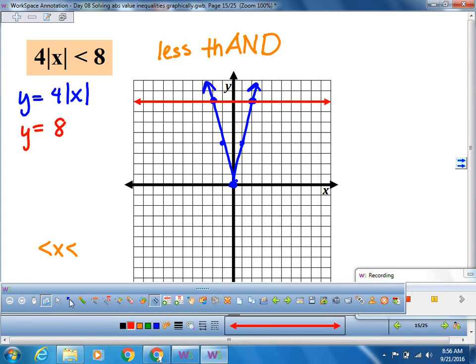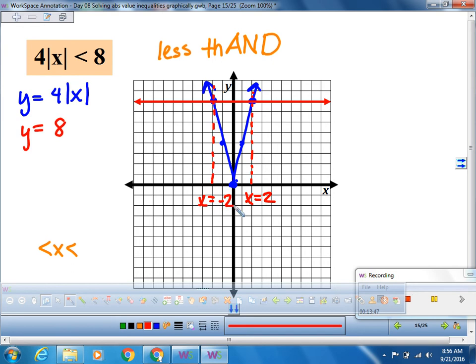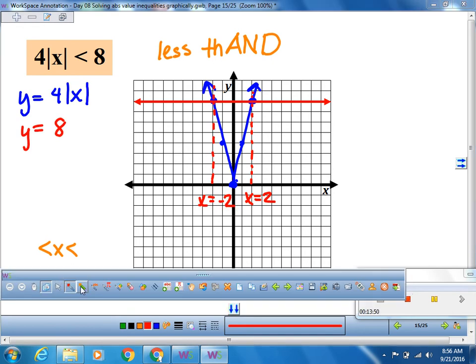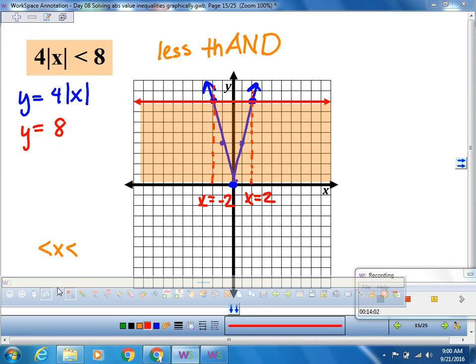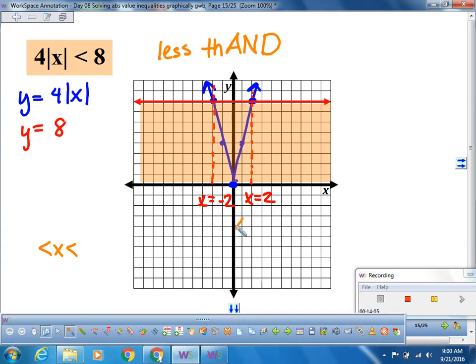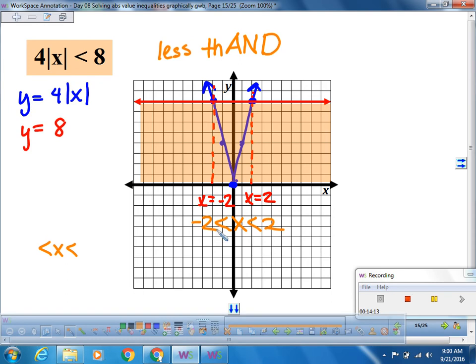At 2 and negative 2, so right here. But when we want to talk about everything that is less than that red line, it's everything in between. So I would say x is in between 2 and negative 2, because the graph is in between, not for.